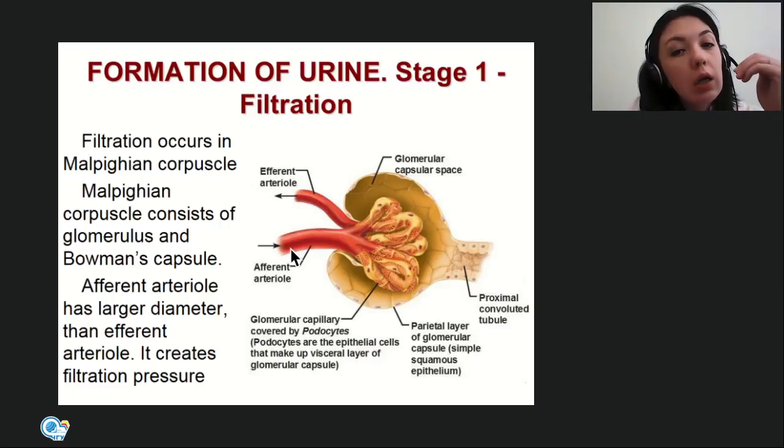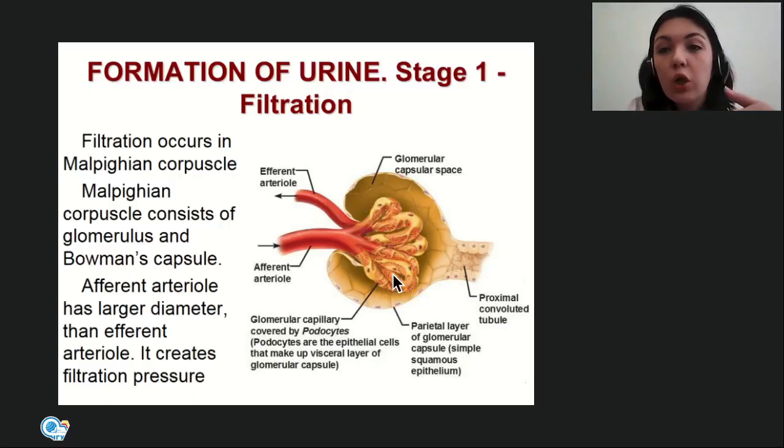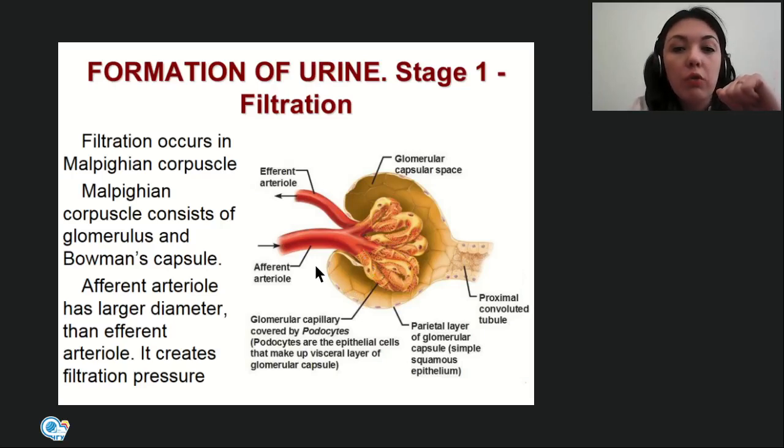That's why a larger amount of blood can enter and a smaller amount can leave. That's why filtration pressure is formed. So the excessive amount of blood should go somewhere, and it goes to Bowman's capsule, yes? But to enter Bowman's capsule, it should pass through the filtration membrane.